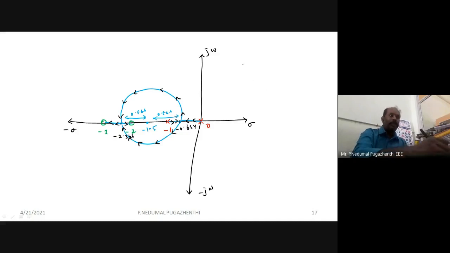This is your S plane. That's it. So this system is highly stable because for any value of k, it is going to lie in the left hand side only.